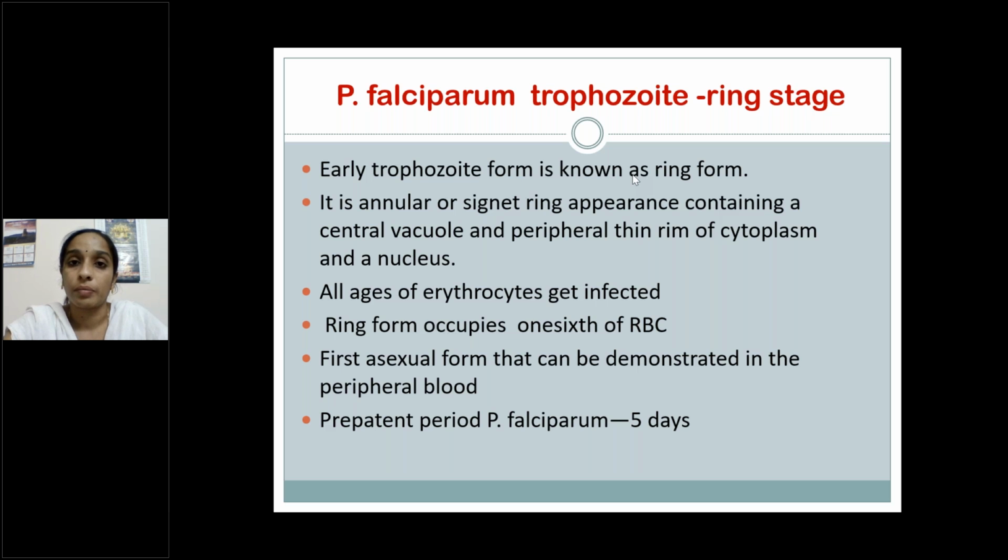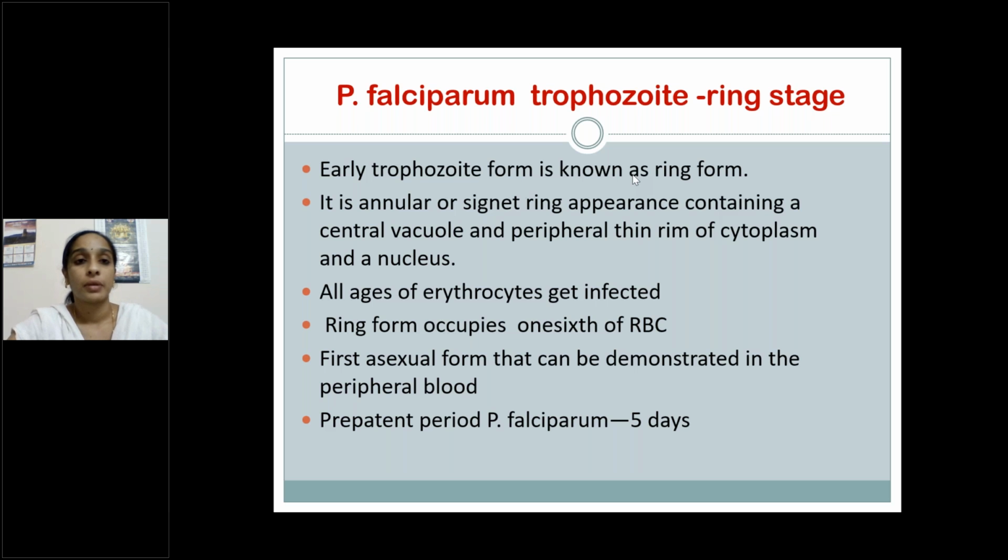Next, this species Plasmodium falciparum can infect all ages of erythrocytes, meaning both old and young erythrocytes. And this ring form occupies 1/6 of the RBC. Okay, important for viva.